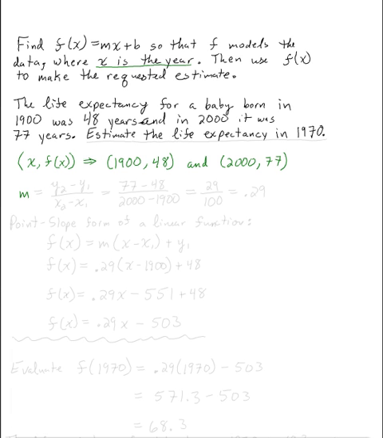Remembering that the slope m can be found by calculating y2 minus y1 over x2 minus x1, substituting yields 77, subtract 48, over 2000 minus 1900.